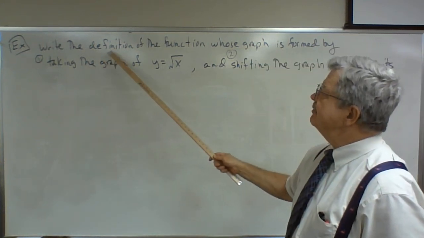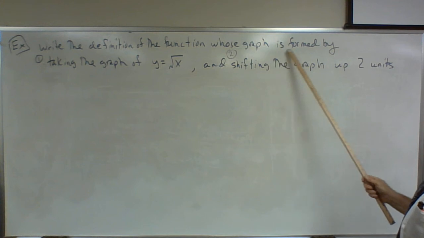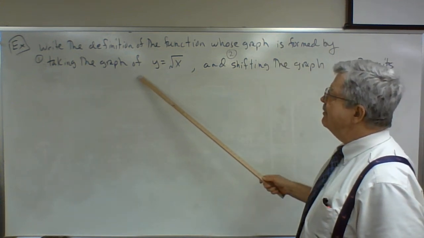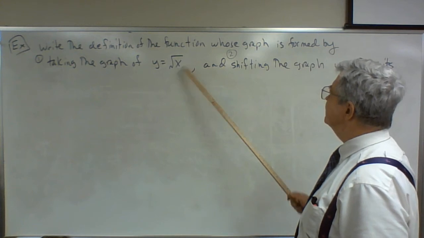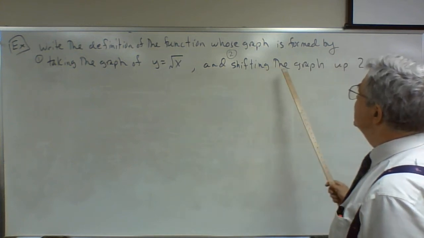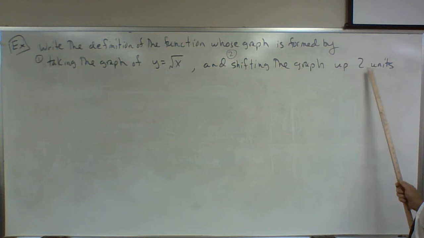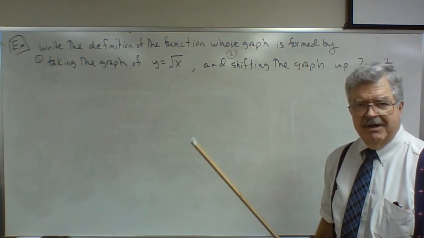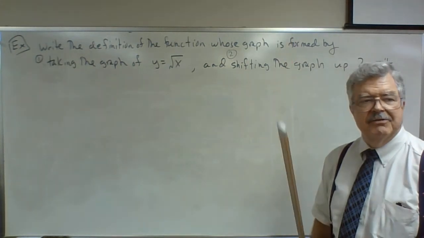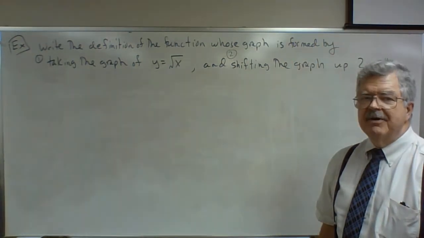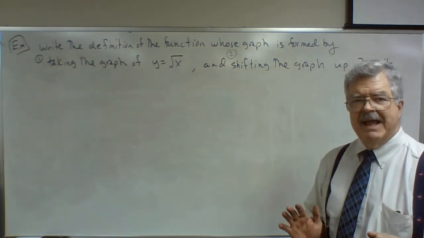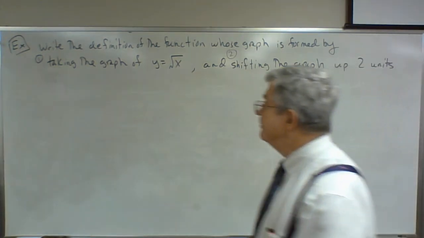Another one like this. Write the definition of the function whose graph is formed by 1, taking the graph of y equals square root of x, and then 2, shifting the graph up 2 units. So this is a vertical shift by 2 units. And remember, with the vertical shifts, what we expect to happen does happen.